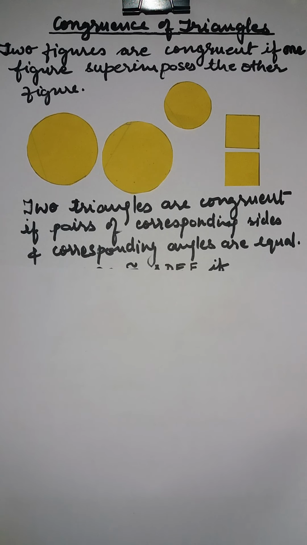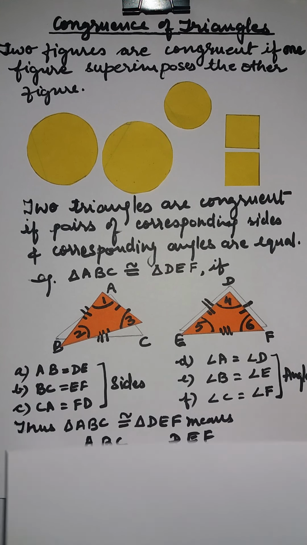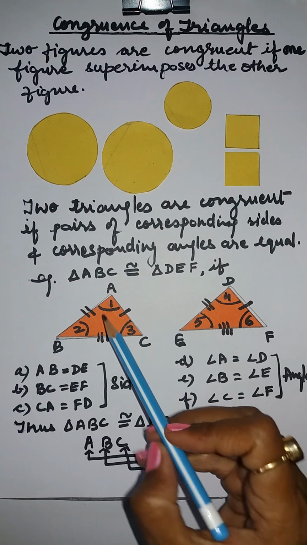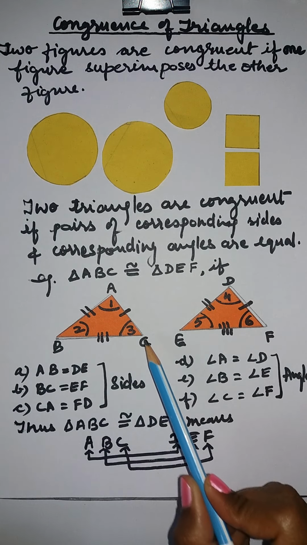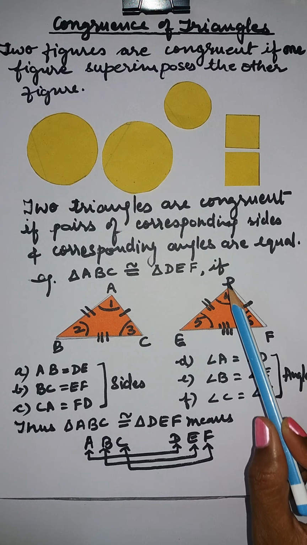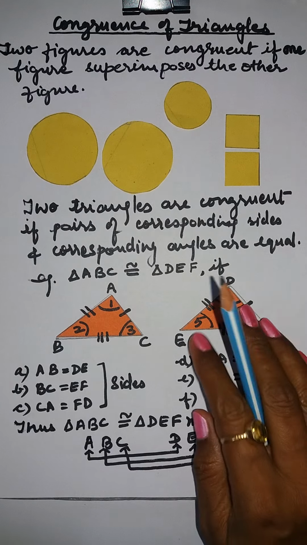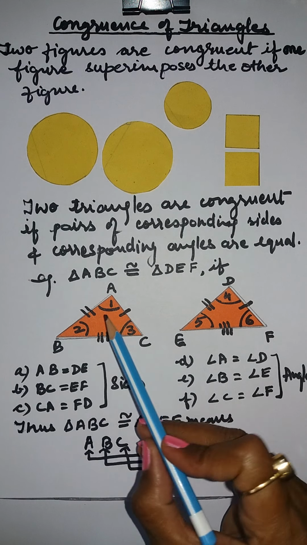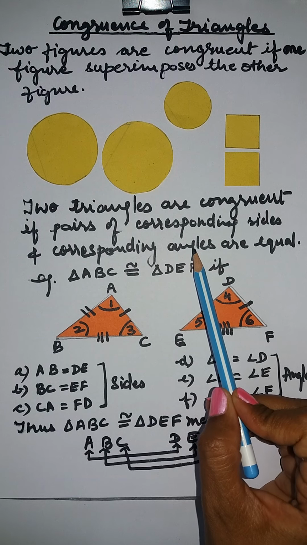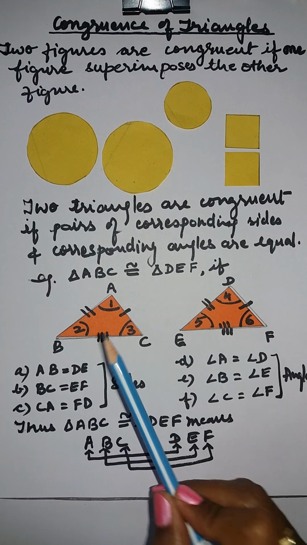For example, triangle ABC is congruent, this is the sign of congruency, congruent to triangle DEF if their corresponding parts, that means sides and angles, match with each other.